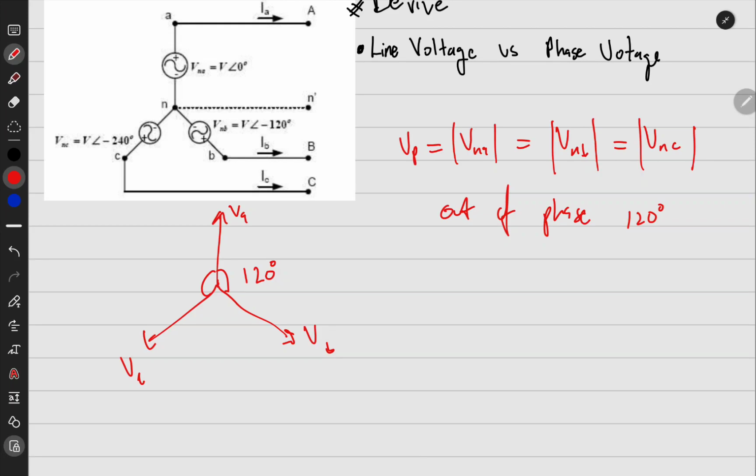With that being said, we can compute VAB. What is VAB exactly? It's a line voltage.